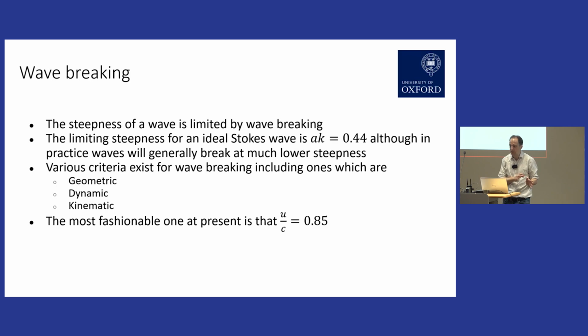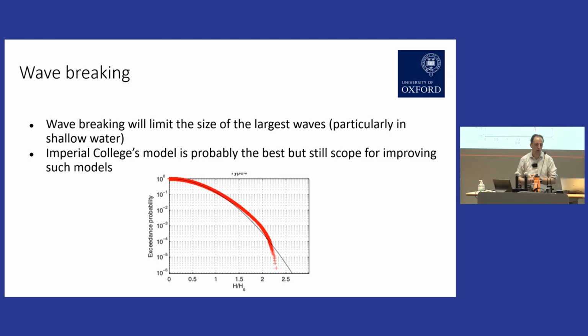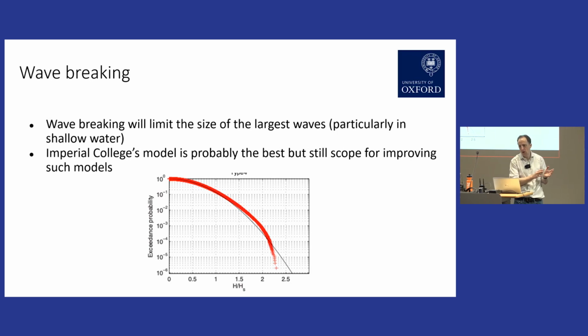I wouldn't expect that to be very different in directional waves, but it will certainly be a little bit different. So we still struggle really to know when wave breaking will happen and to really model it well. Certainly trying to understand the full process of what's going on when waves break remains very much an open question. It's a horrible multi-scale problem.